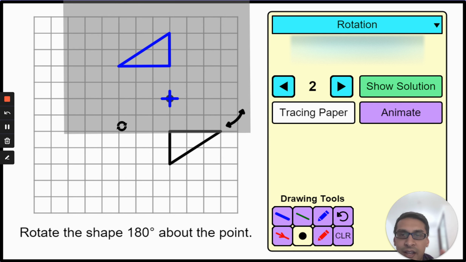Hopefully you notice that this is where I turned 180 degrees, and then that is my rotated shape. So in this case I decided to go clockwise, but if I went anti-clockwise I would get the same answer. Okay, next example.